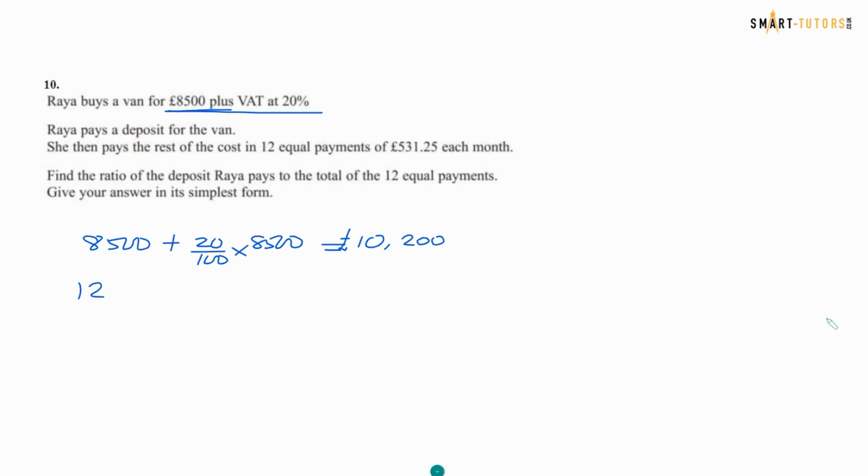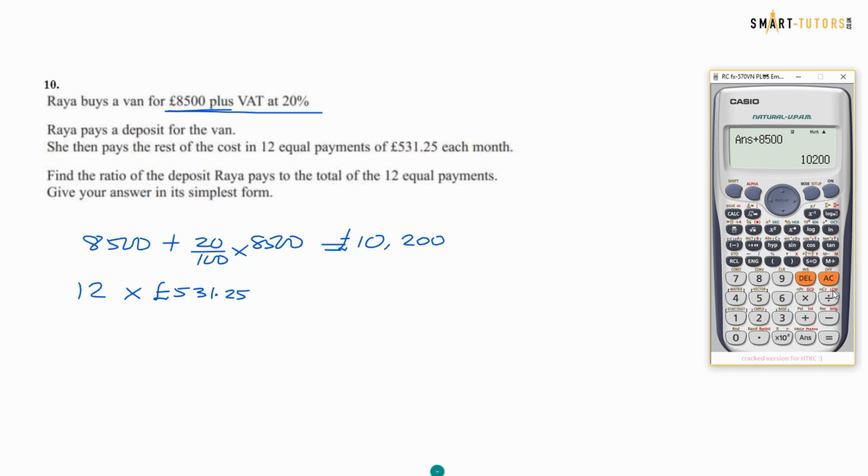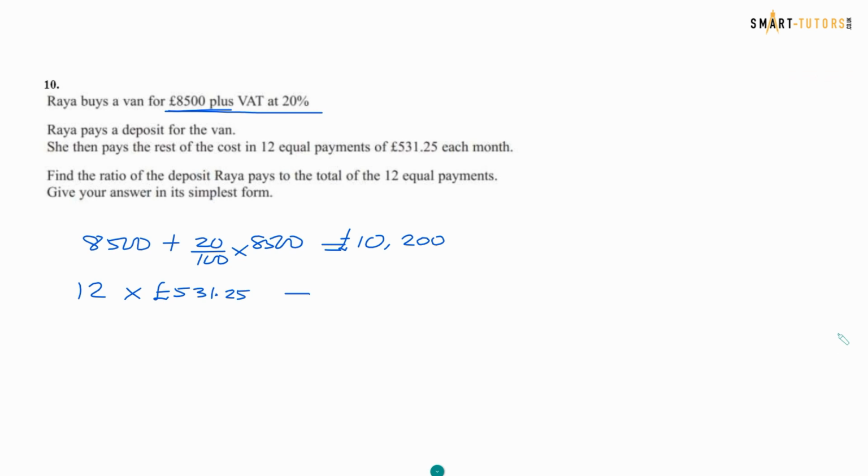So what we can do is 531.25 times 12, which is 6,375. So 6,375 she paid by the monthly installments, so 12 equal monthly installments.